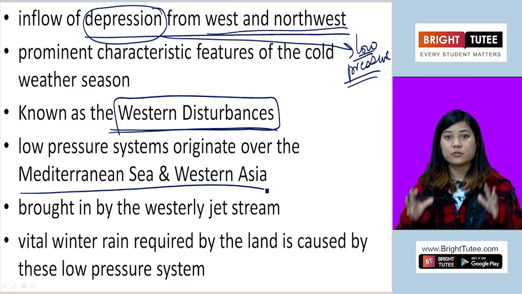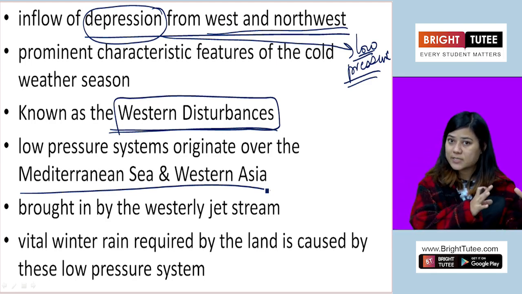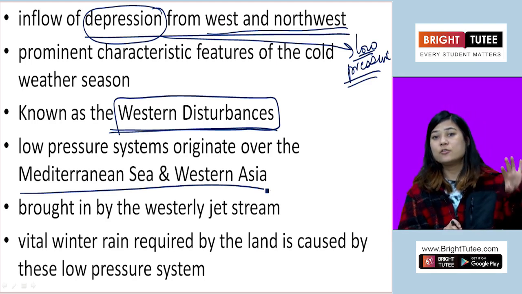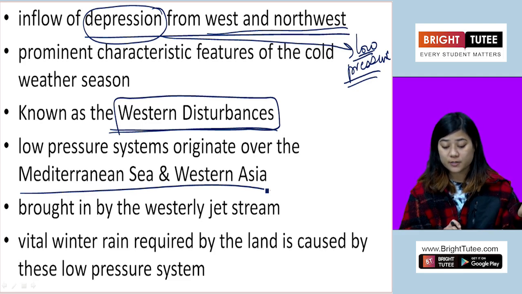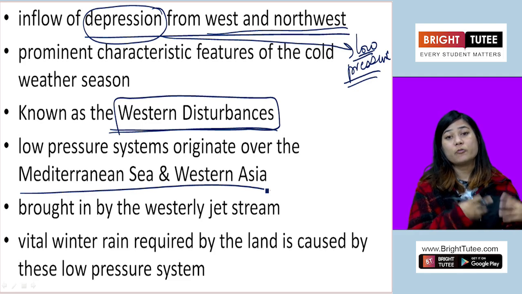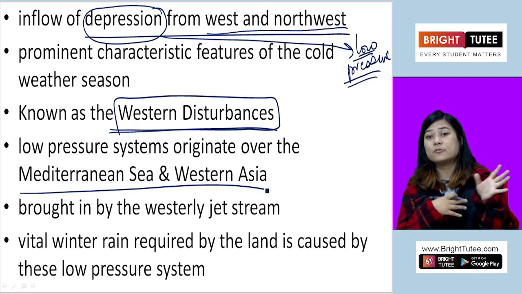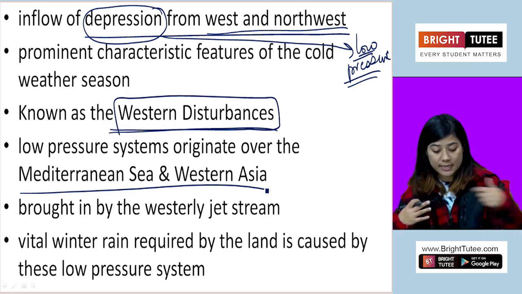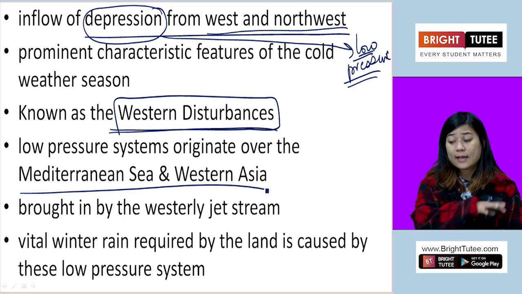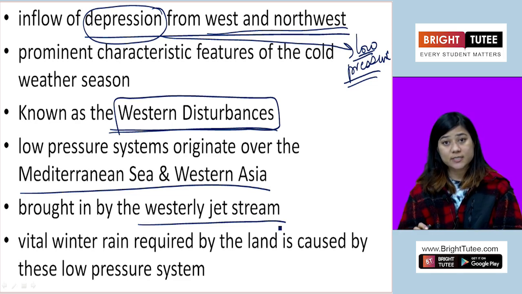So Asia, you can imagine the map in your mind. So you think of the western part of Asia and then you go further towards the west and you find the Mediterranean Sea. So from there, the western disturbances originate and it flows from the western part and northwestern part of India towards India. Okay. And this wind is brought by another wind which is called the westerly jet stream.